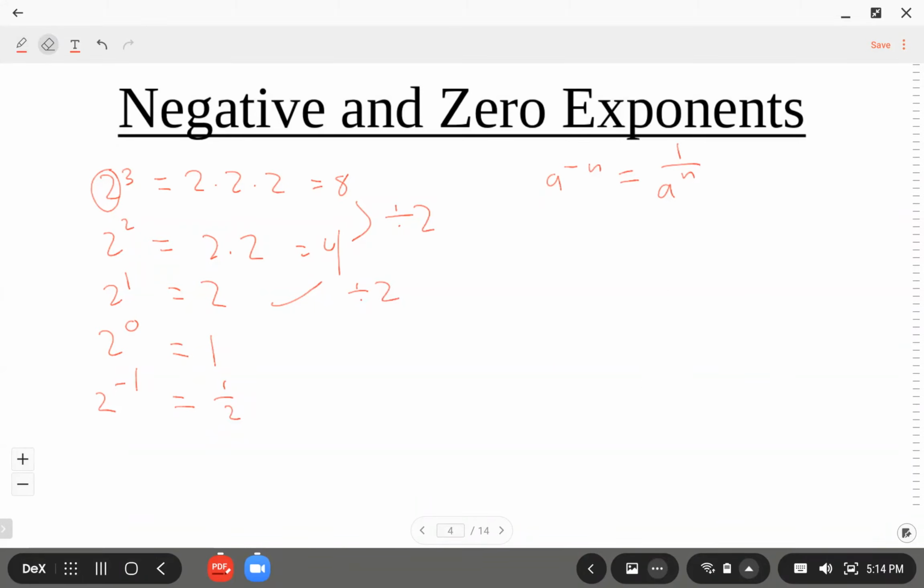And let's keep going. 2 to the negative second power is going to be equal to 1/4, right? That's 1 over 2 to the positive 2. 1/4, okay? So those are basically negative and 0 exponents.